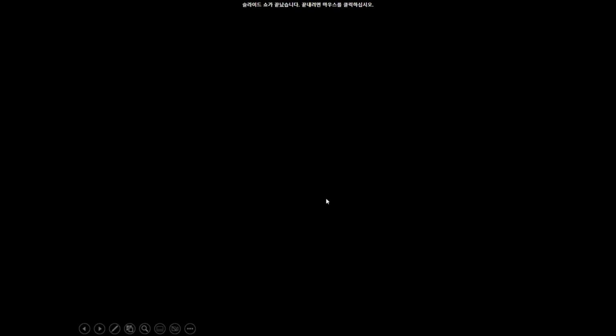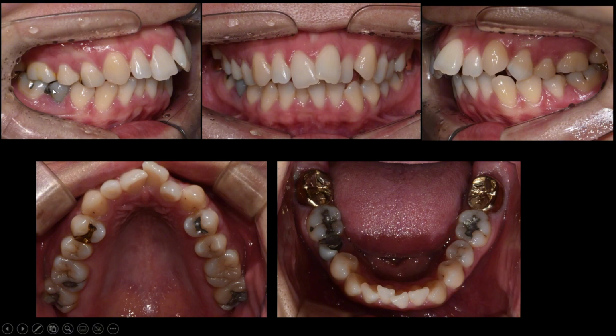So wait. This patient shows crowding, okay, crowding. Class II division 1, a lot of overjet also here.